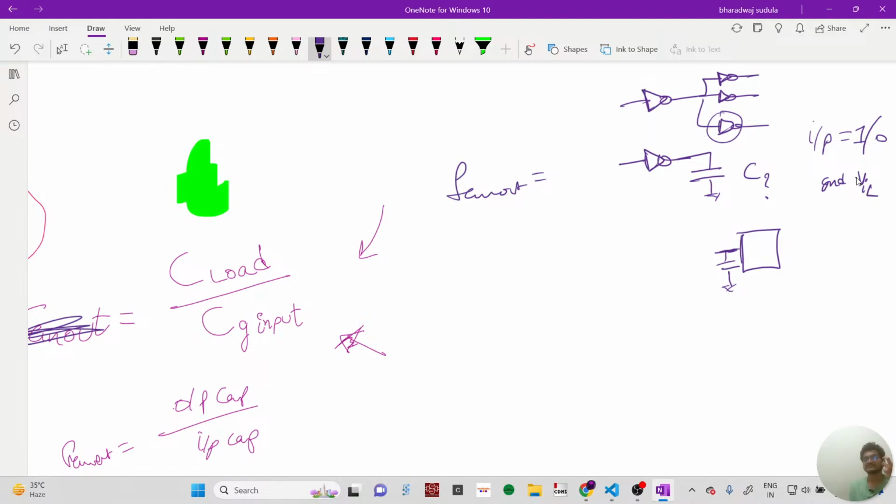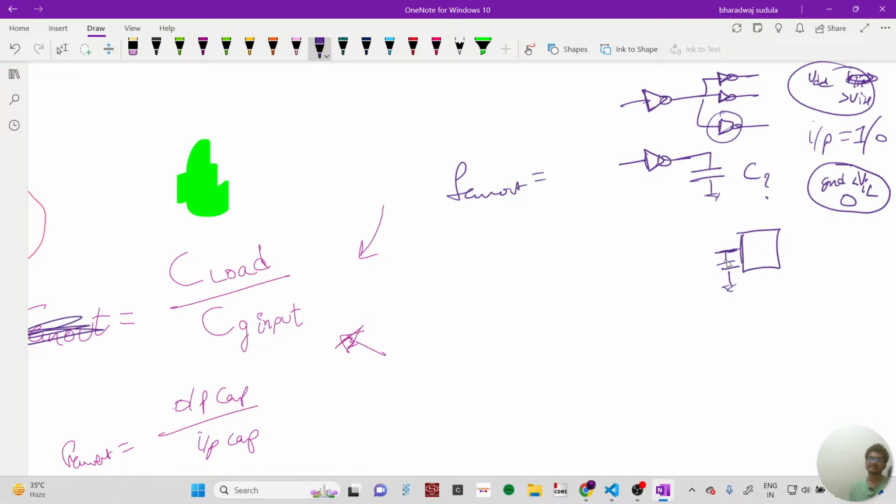It has to be less than VIL, so then it can be considered as 0. And for 1 it is VDD, or it should be greater than VIH. Correct? It should be greater than VIH. Then it can be considered as logic high.